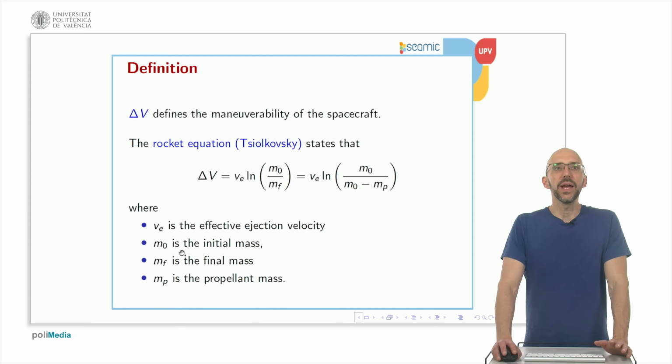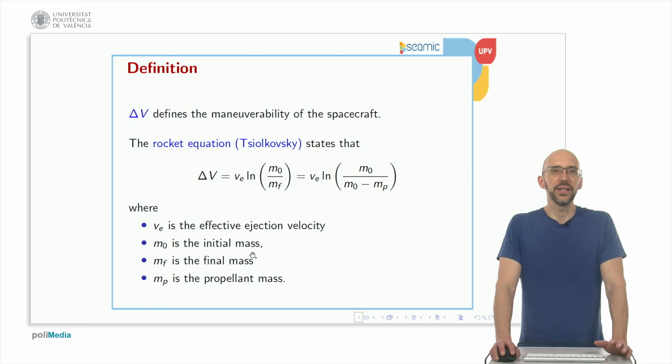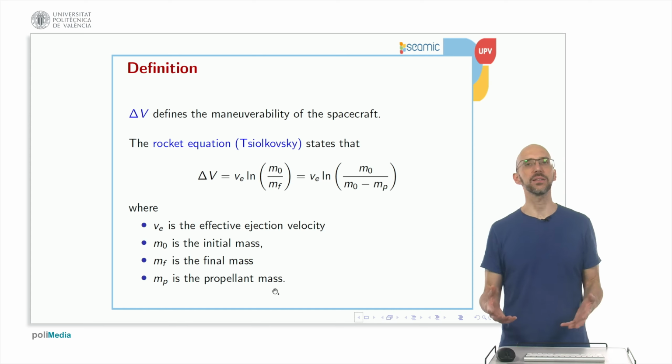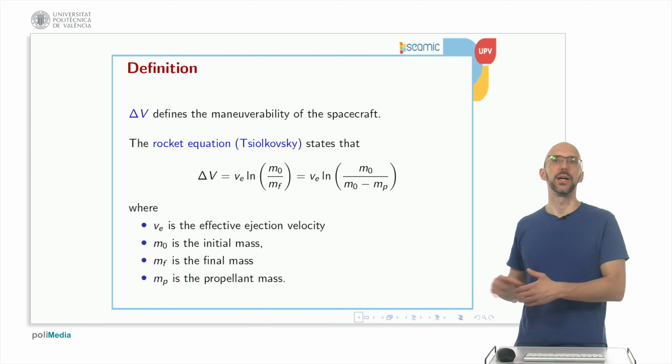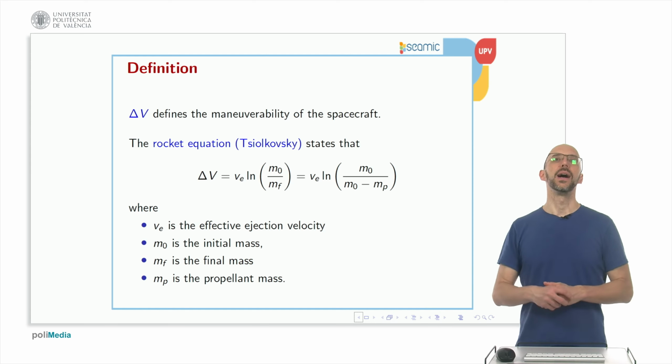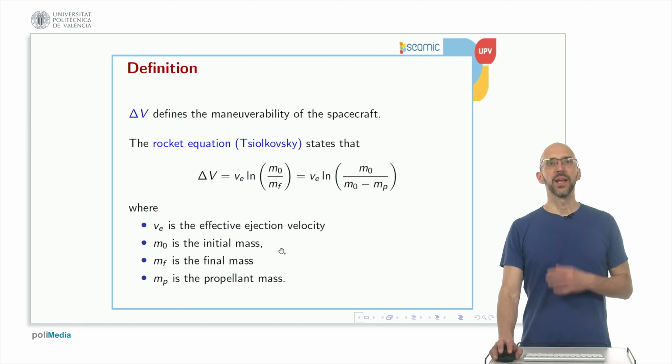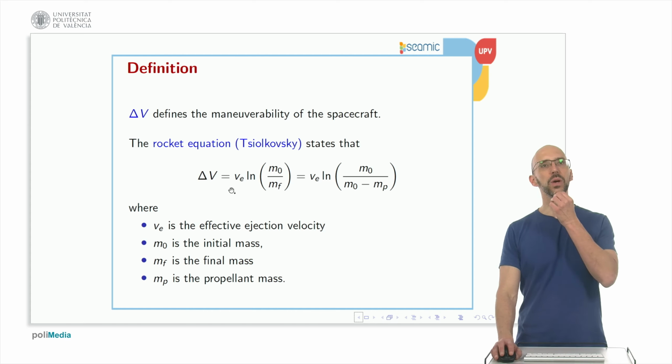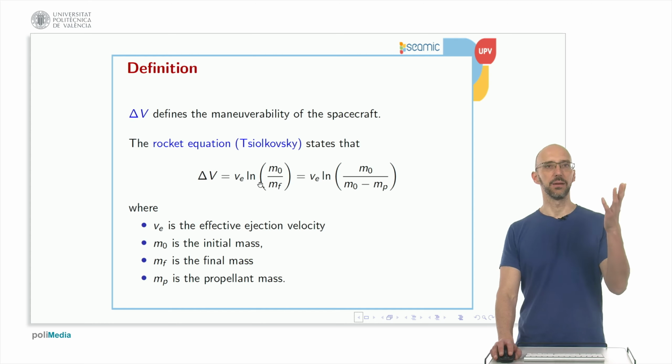More elements: M0 is the initial mass of the rocket, Mf is the final mass of the rocket, and Mp is the propellant mass of the rocket, the propellant that is going to be ejected or burned during the process. As you can see, the rocket equation is just the effective ejection velocity times the logarithm of the initial mass divided by the final mass.